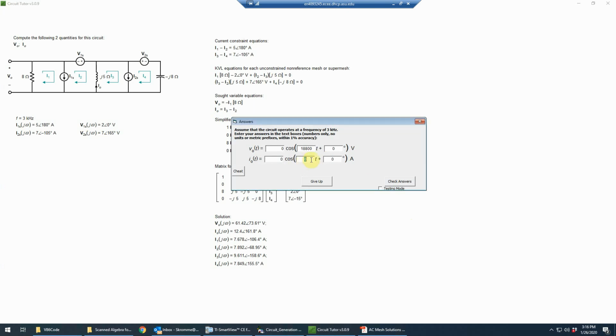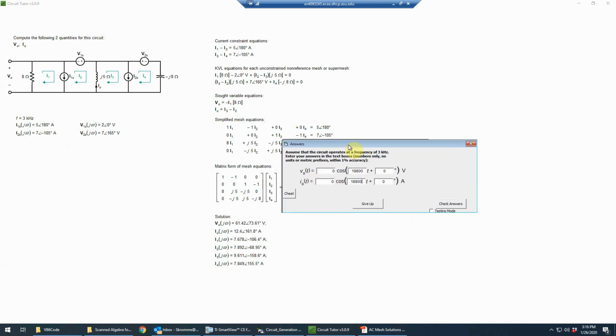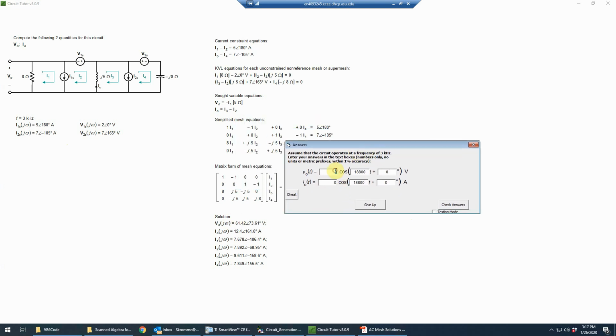And this other one, of course, would be the same. And then for the V naught, we just put in our magnitude that's from down here. So that would be 61.42. And that angle is the 73.61 degrees. Everything's always in degrees here by default. And I naught is a 12.4 amplitude, and then the phase angle would be the 161.8.